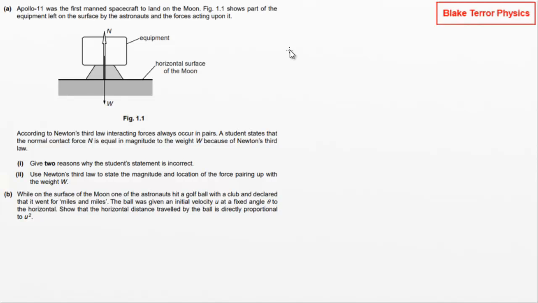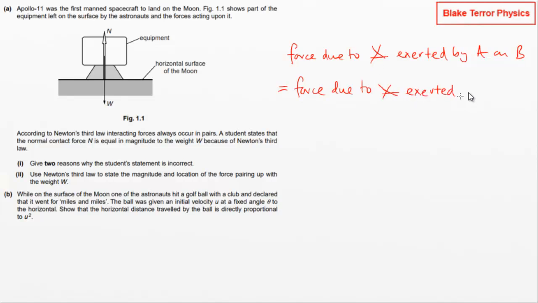So you can say, force, for example, force due to whatever exerted by A on B is equal to force due to, again, the same thing. This must be the same thing, so we'll call that X maybe, exerted by B on A.